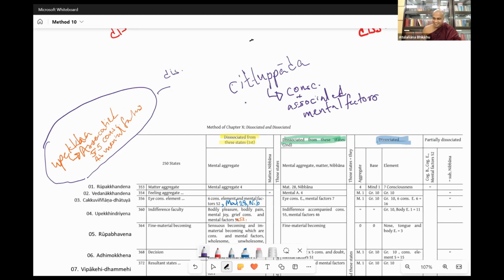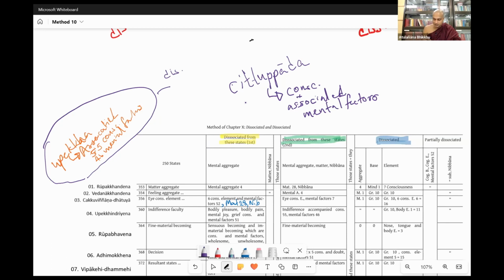Sayadaw is correct, right? I thought this should be 51. I made a very simple error. What is the mental factor which is deducted here? Vichikitsa, you know? It is only associated with the upekha vedana.